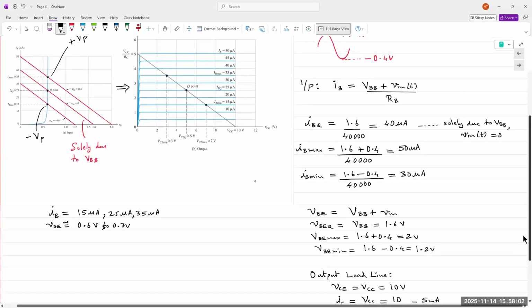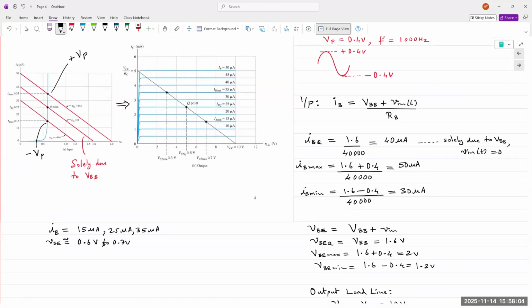And the 2 points here, VCE is 10 and IC is 5. You plot the load line, and that load line is going to intersect all of the output curves at a single point.